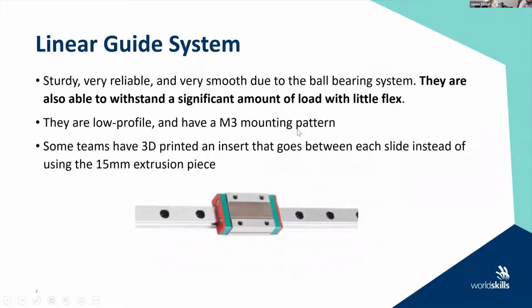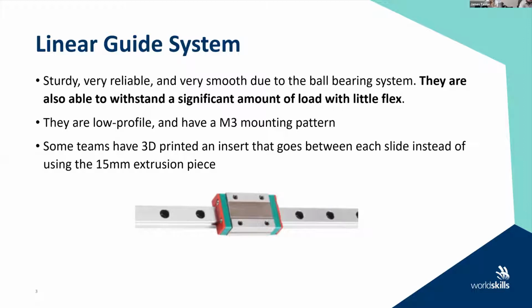The linear guide system itself is a sturdy, very reliable, smooth system because it's got ball bearings inside the linear guides. These are able to withstand a significant amount of load with little flex because they're strong. We use a low profile linear slide system that has the M3 mounting system.